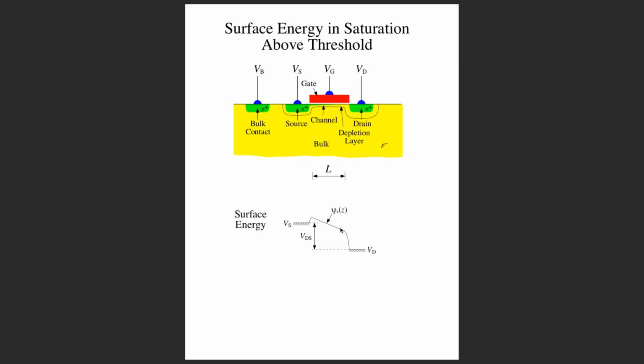There's going to be a drop in potential as we go along the channel, but there's still a fairly large energy barrier here at the drain end of the channel. If we push down even more by increasing the gate voltage, we'll get to a point where there's practically no energy barrier at the drain end of the channel. And so what the device might look like in the ohmic region above threshold might be something like this. That's above threshold operation.